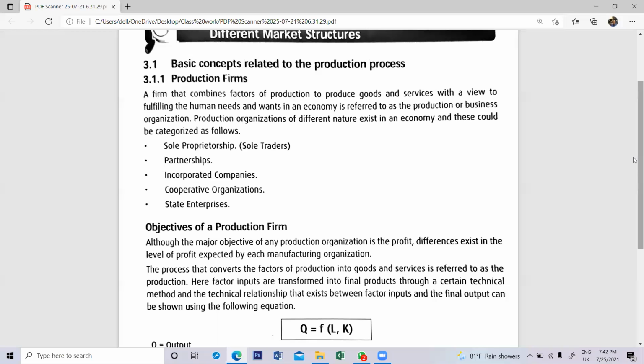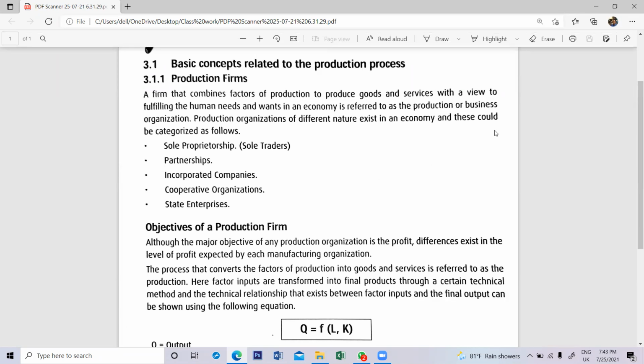So it says, very beginning, production firms: a firm that combines factors of production to produce goods and services with a view to fulfilling the human needs and wants in an economy is referred to as the production or business organization. Production organizations of different nature exist in an economy, and these could be categorized as follows.